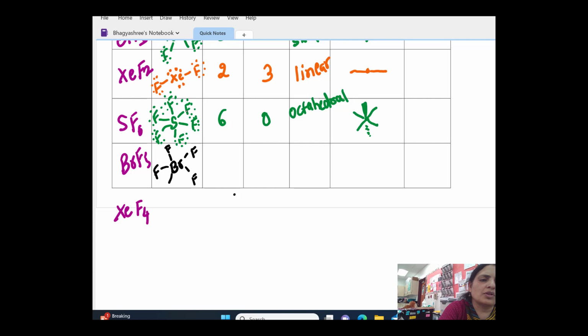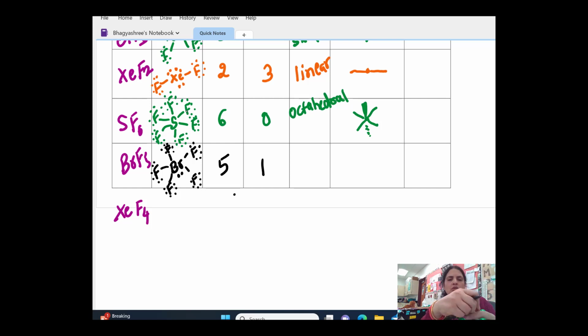And if you draw the 5 and you draw the Lewis dot structure, you'll find there is 1 lone pair on bromine and all these lone pairs on fluorine. So I'm just trying to draw those. Okay, so there are 5 atoms attached to bromine. There is 1 lone pair.